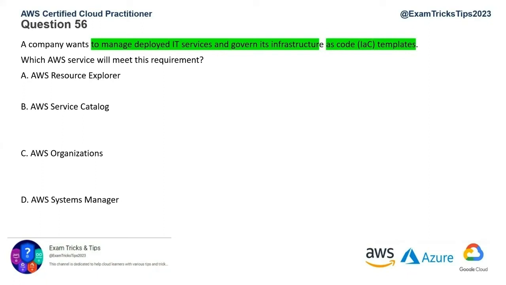So the question is essentially asking what tool we will use to manage and govern infrastructure using IaC templates. If you run through the options, here I would like to go by elimination. Option C, AWS Organizations, has nothing to do with deployments or infrastructure as code templates. It's a central management console for all your accounts and resources.